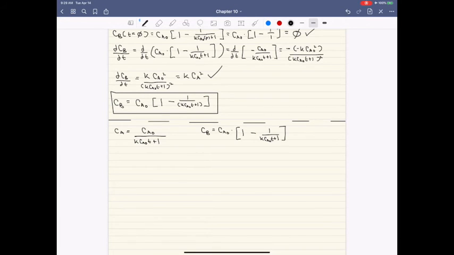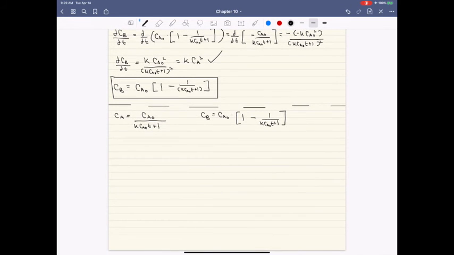Alright? Before we start to sketch out what these equations look like visually, what I suggest doing is to think about what the values of these equations are at various limits. So the two limits I want to look at, what's important in these equations, is the magnitude of this term compared to 1.